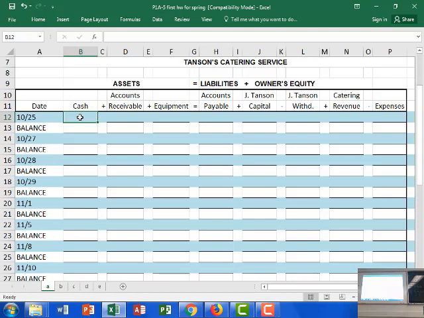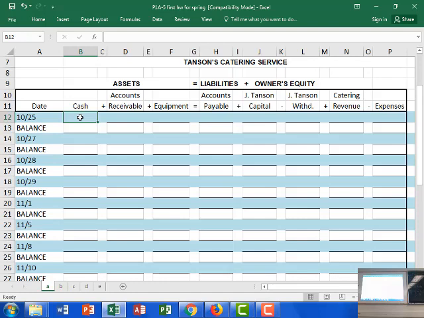Now, one of the things you need to realize, continuing this problem on page 30, is that you have 2 months of transactions. So we're going to go through the 2 months of transactions. This is where we're going to be putting everything in. Notice his chart of accounts is already here.